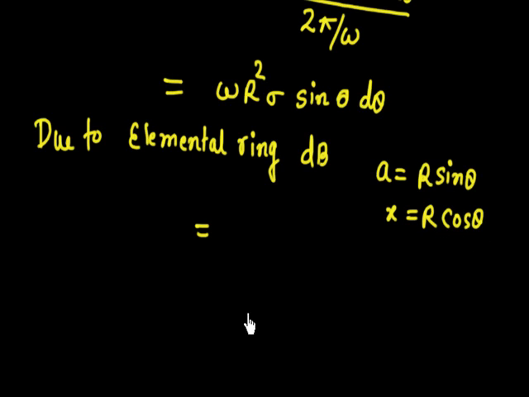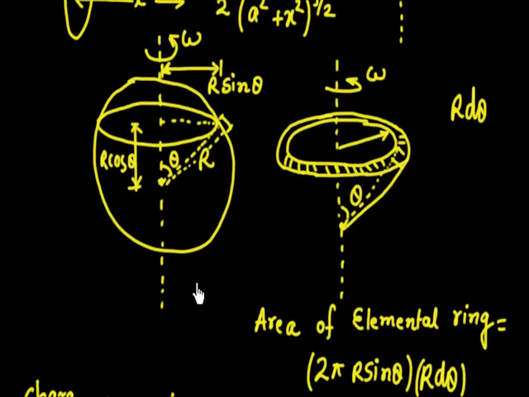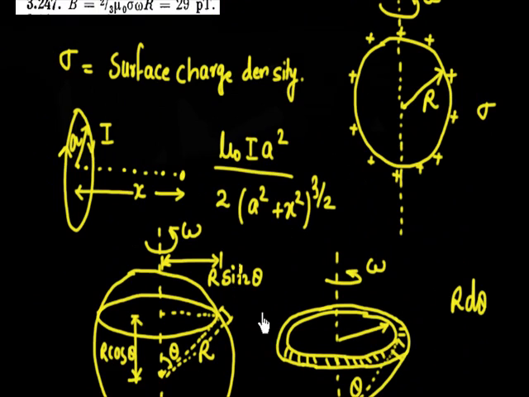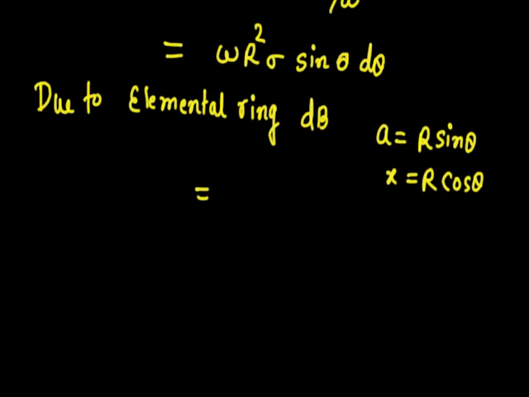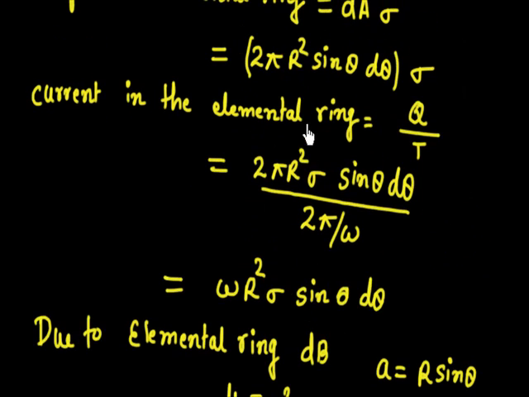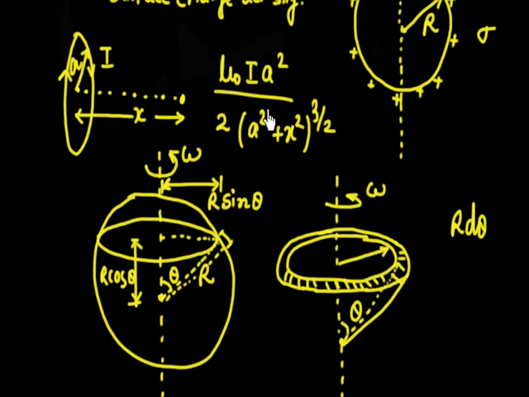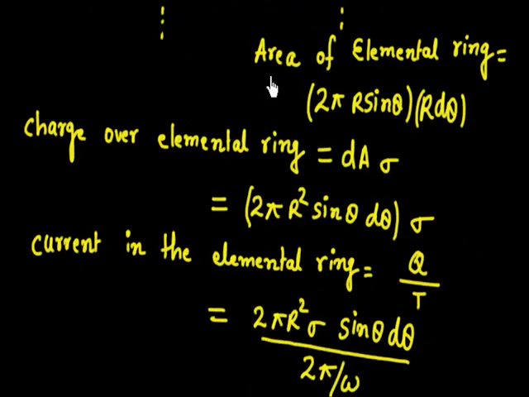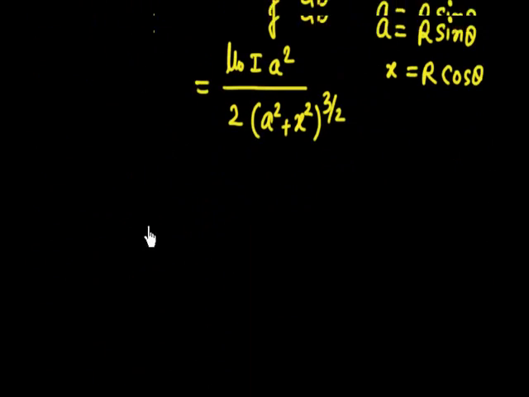If I plug in these values, this is mu naught I a squared divided by 2 times (a squared plus x squared) raised to the power 3 by 2. Are you getting?